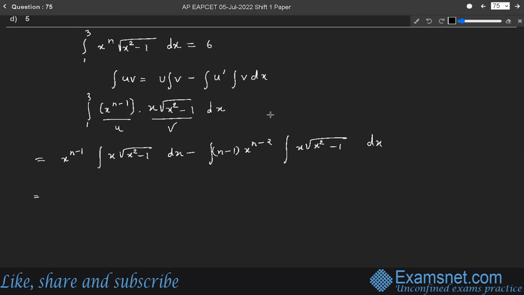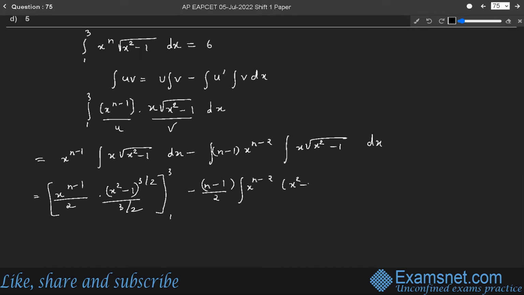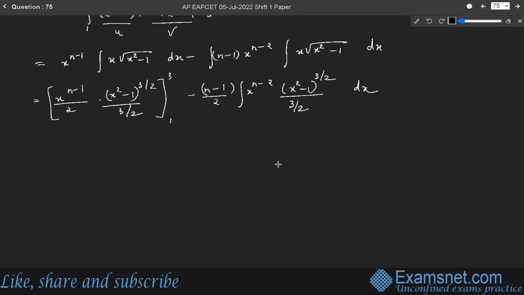On further solving, it will be equals to x power n minus 1 upon 2 into x square minus 1 power 3 by 2 divided by 3 by 2, and the limits here are 1 to 3 minus n minus 1 by 2 into integral of x power n minus 2 into x square minus 1 divided by 3 by 2, and here also power 3 by 2 dx. On further solving, it will be equals to 3 power n minus 1 divided by 2 into 8 power 3 by 2 upon 3 by 2 minus of 0.